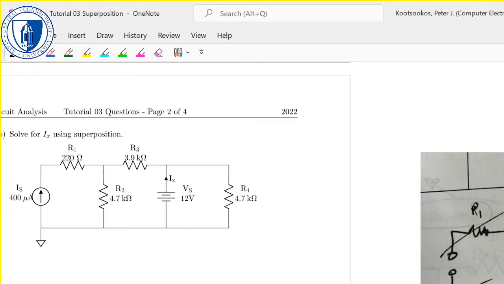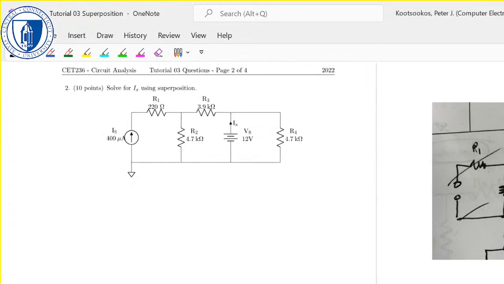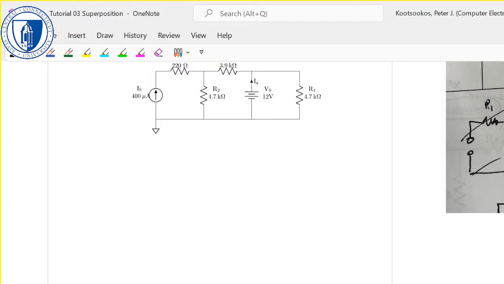Anybody got the other circuit? I can take a picture. The other circuit? Hopefully that'll come in short.